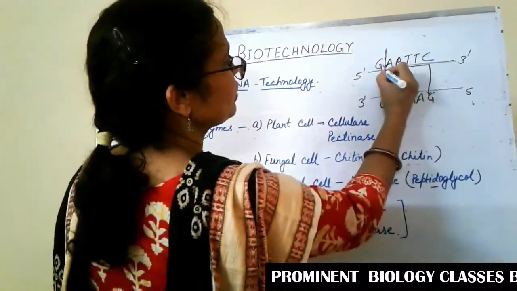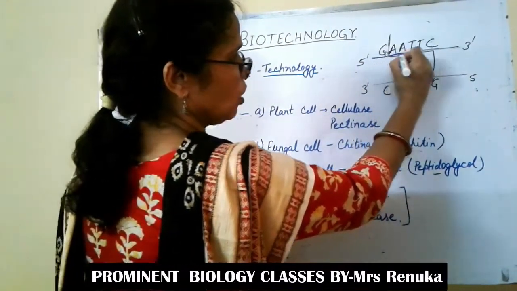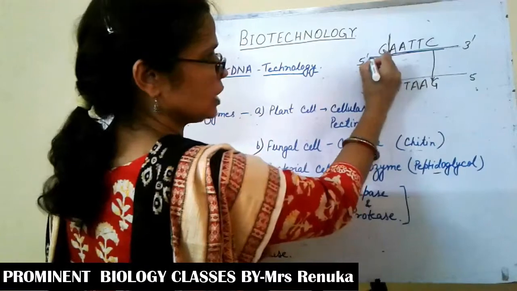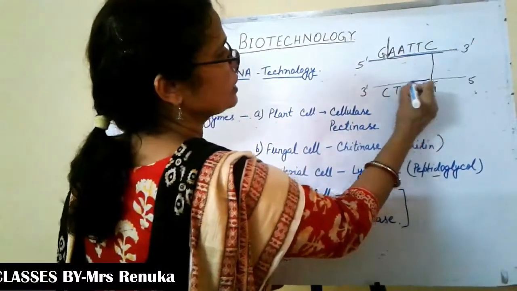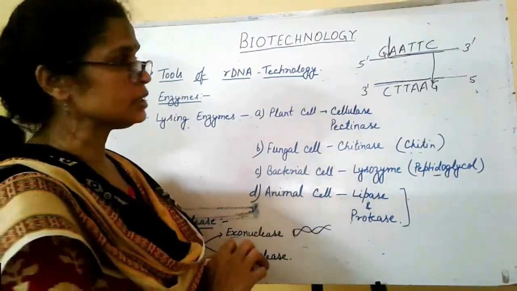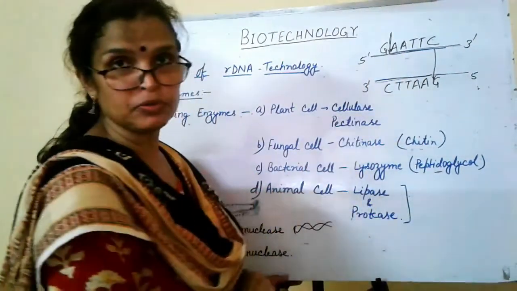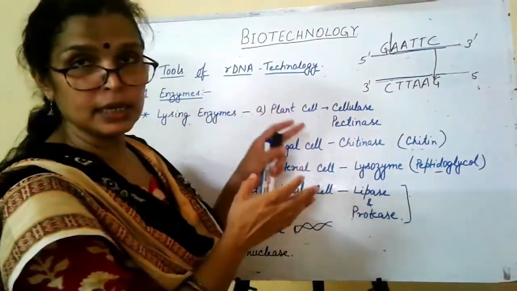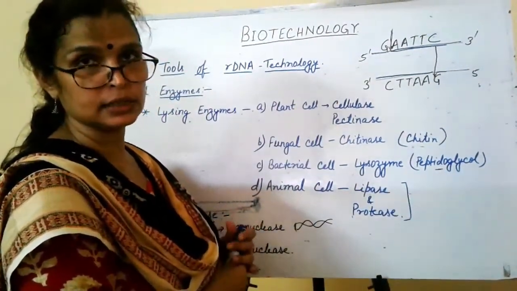In this type of cut, one longer arm is formed and one shorter arm is formed, and these ends are known as sticky ends. If we use the same restriction enzyme to cut two DNA segments, we get similar sticky ends, which makes it easy to join them with the help of DNA ligase.